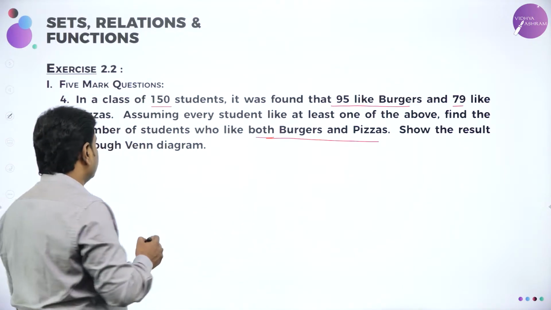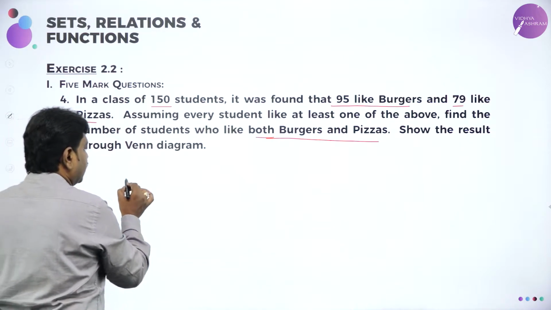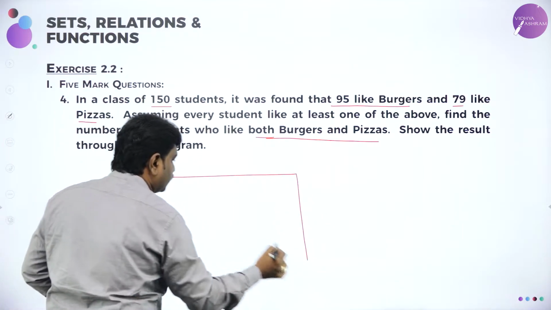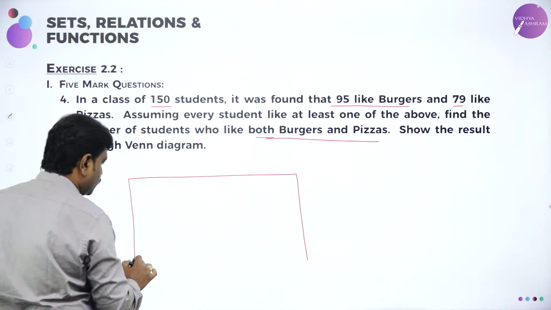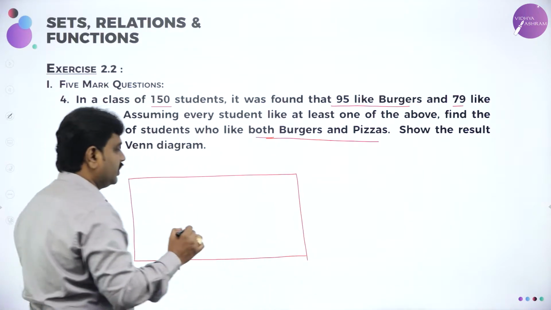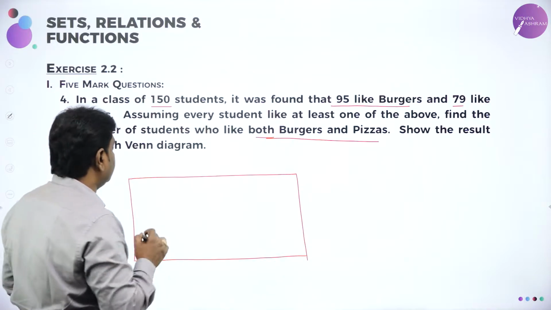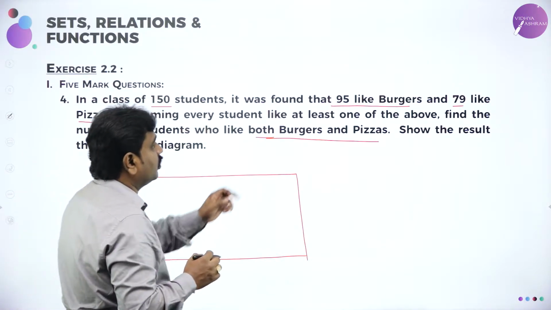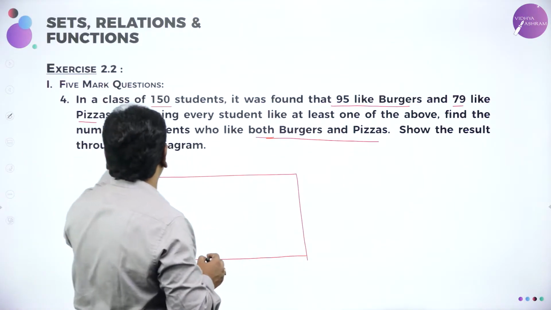So, we will take 2 sets. So, Venn diagram, this is the universal set. Using a rectangle, we will draw the universal set. Then 2 sets. So, burgers and one more is what? Pizzas.